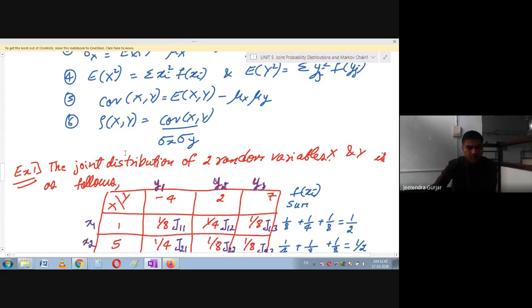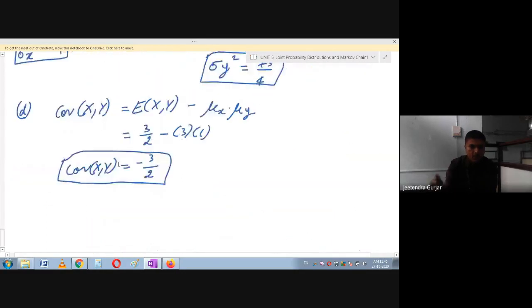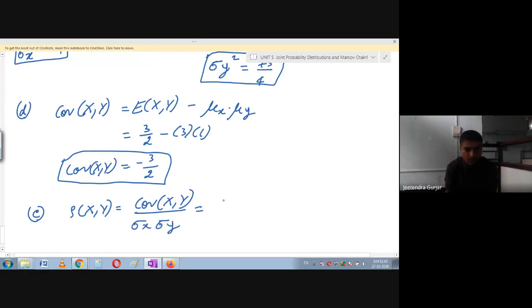Okay, so we'll take this formula for E. So I think you have calculated already. That is correlation xy is equal to covariance x comma y divided by sigma x sigma y. So this is equal to, what is covariance xy? It is already we have calculated. It is minus 3 divided by 2.